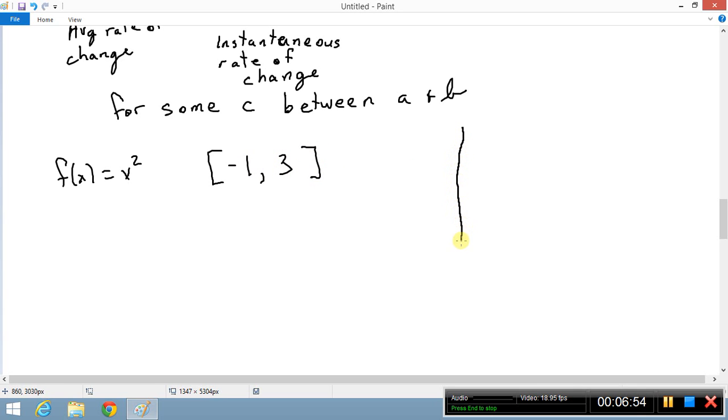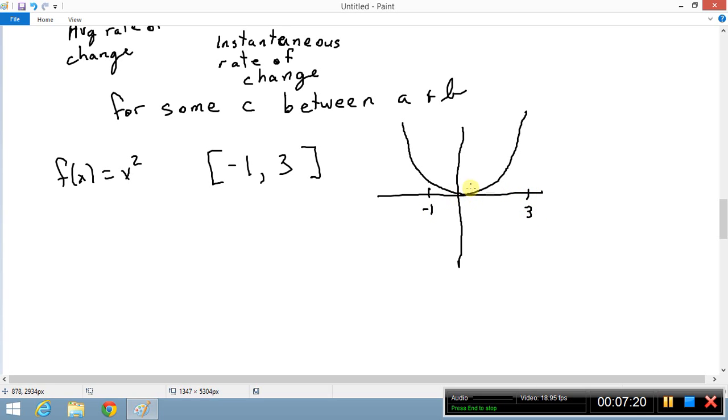Of course, everybody knows that you're going to get this beautiful parabola. And it's going to come down like that, and then grow like that. Okay, and then we need to identify where is -1. It's about here, let's say. And then 3 would be maybe around there.